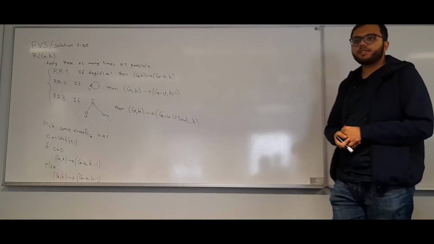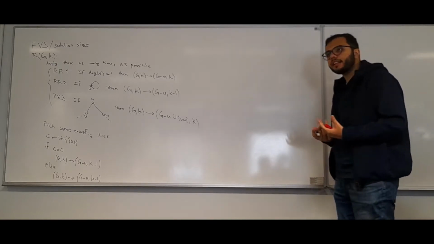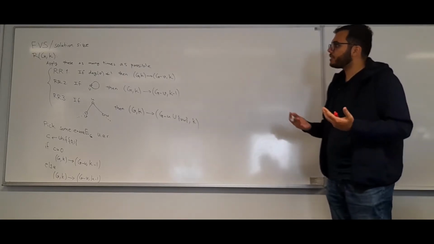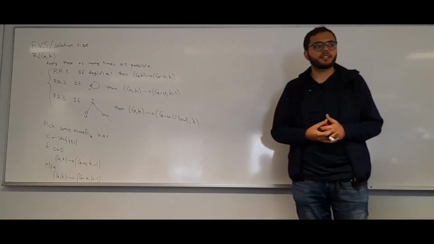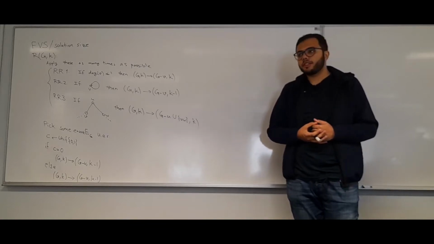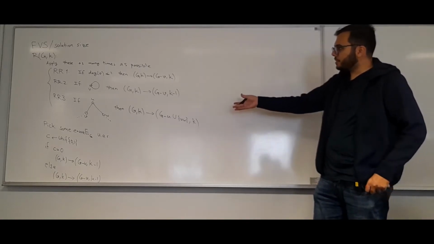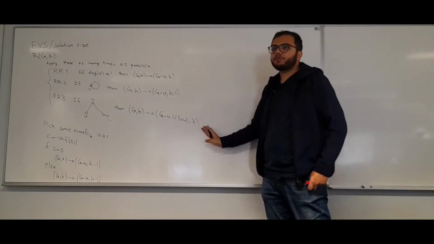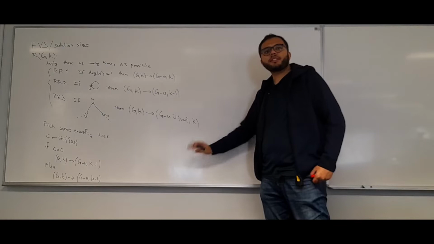Now the question is, what is the probability that this algorithm actually succeeds, assuming that we have a feedback vertex set of size K, right? This basically looks like a heuristic, right? So I'm doing the best I can, and as soon as I see that I cannot do anything else, I just say do something random.